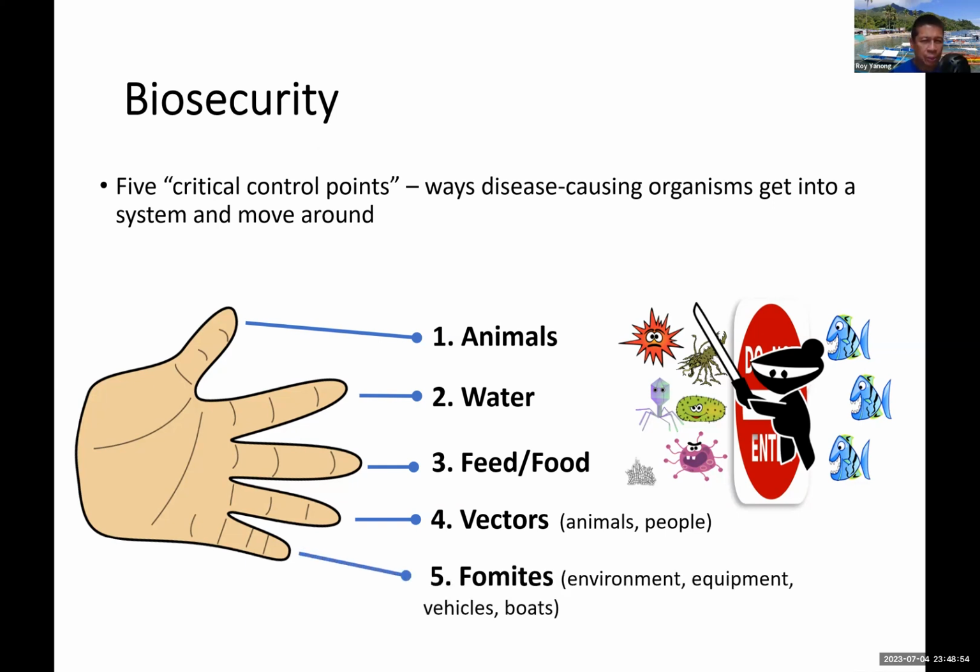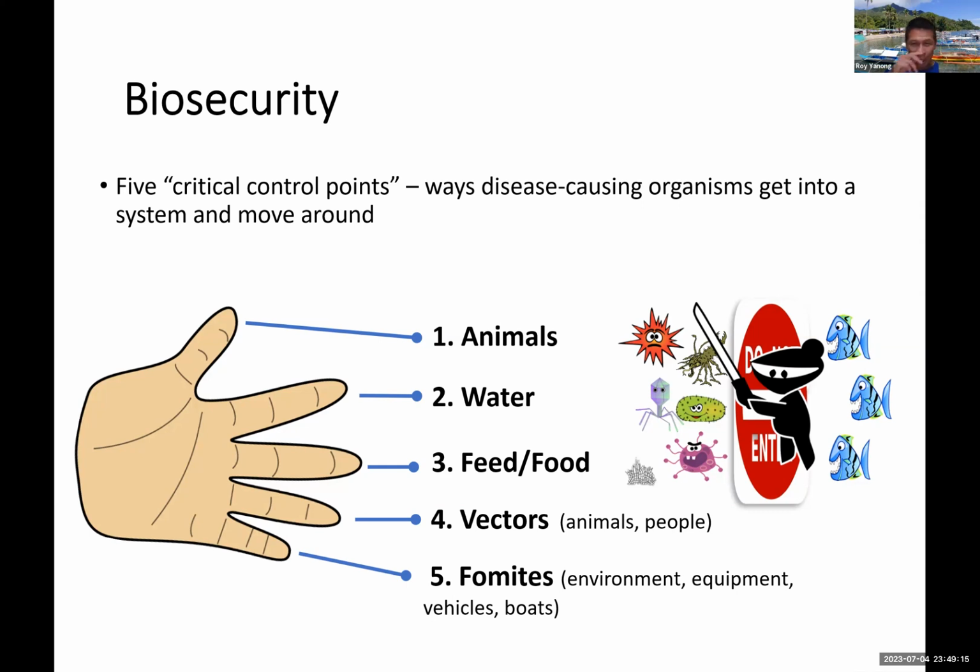And then the last control point we call fomites. These are dead things that can potentially bring organisms over as well. So things in the environment, equipment, nets, for example, that were maybe used in a tank that had sick fish before, if not disinfected, and then used in a tank that has healthy fish, you may bring things over.